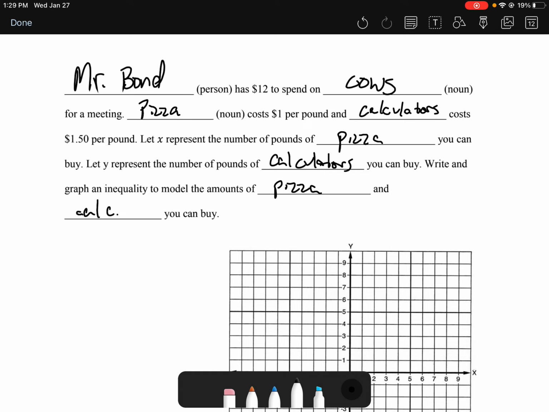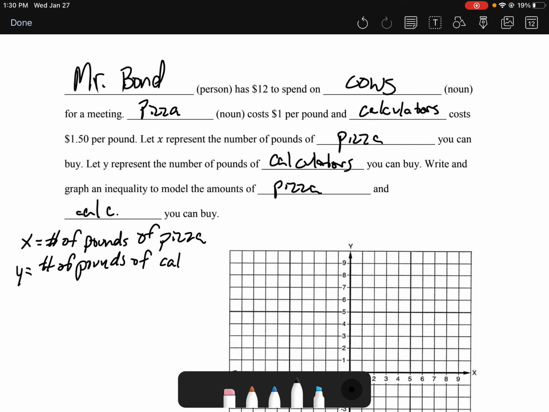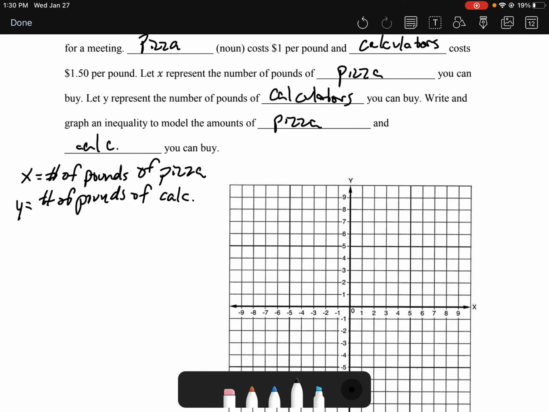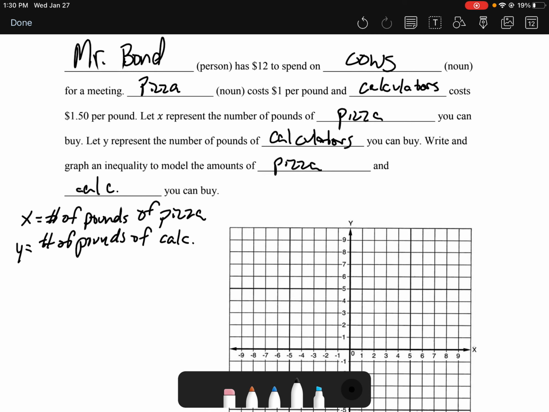So I'm going to go ahead and write what my variables mean. So it says in the problem, x is equal to the number of pounds of pizza, and y is equal to the number of pounds of calculators. So I know that the price of pizza and the price of calculators, if I add them together, they need to be less than or equal to $12 because we can't spend over that amount.